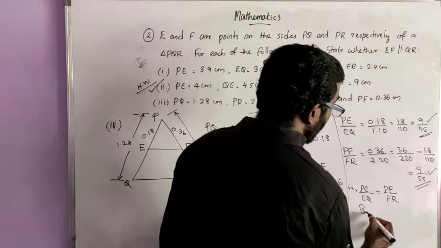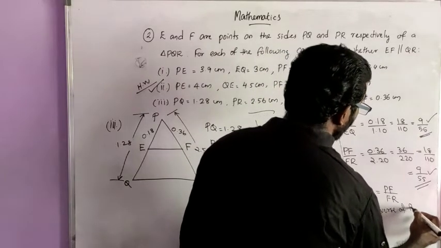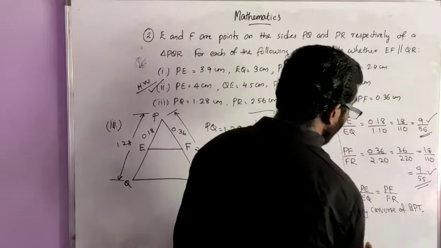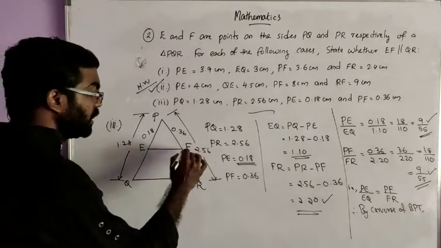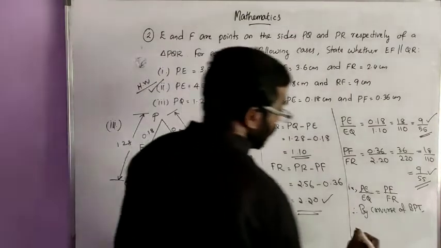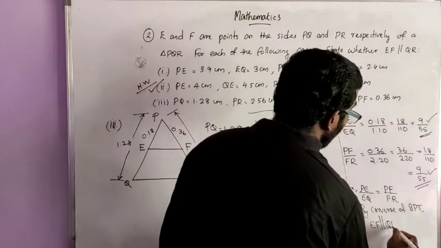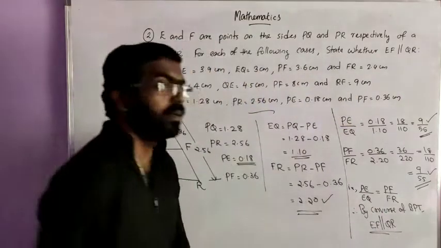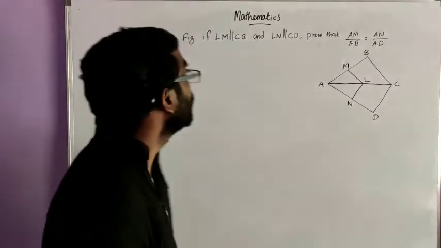Therefore, by converse of basic proportionality theorem, we can write the line EF is parallel to QR. Clear?